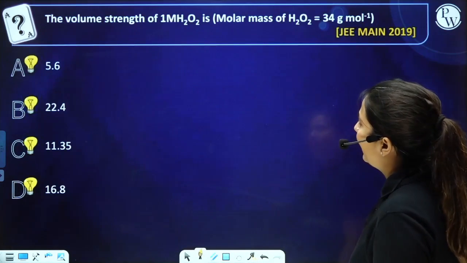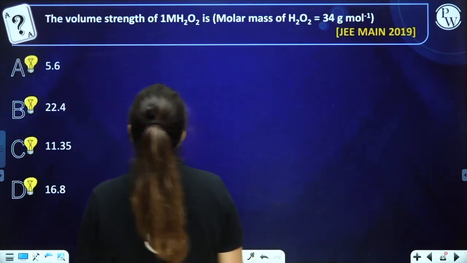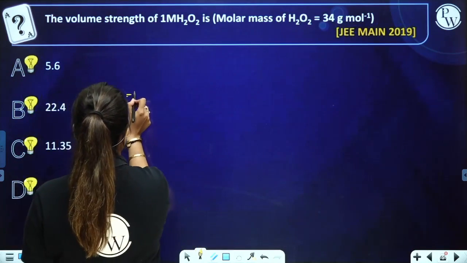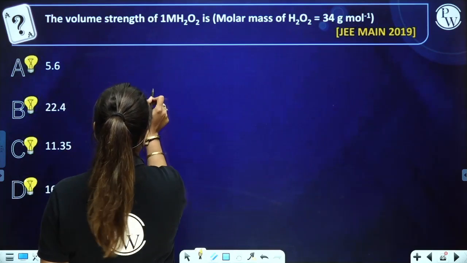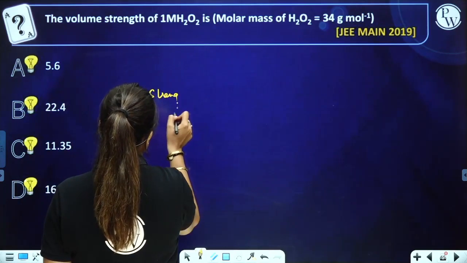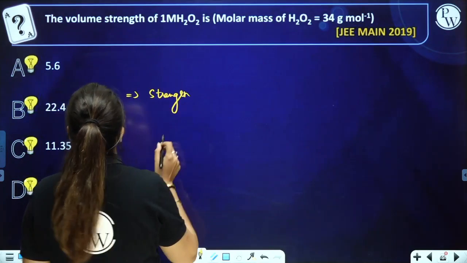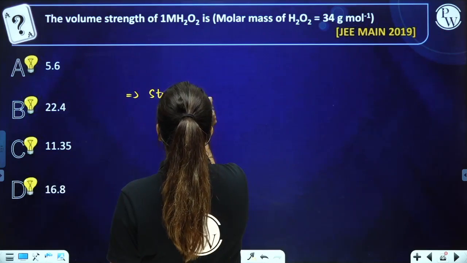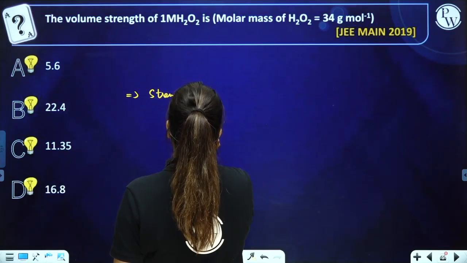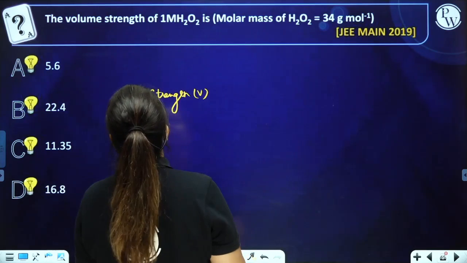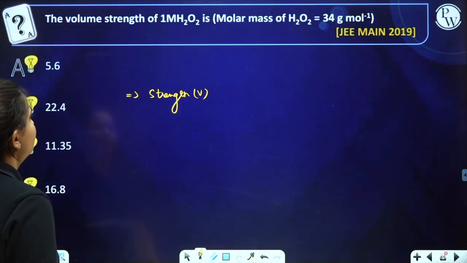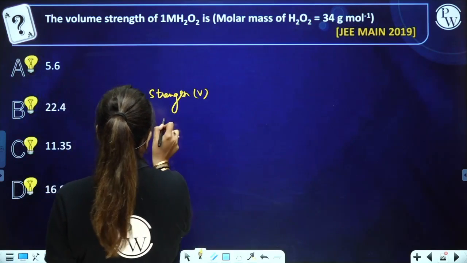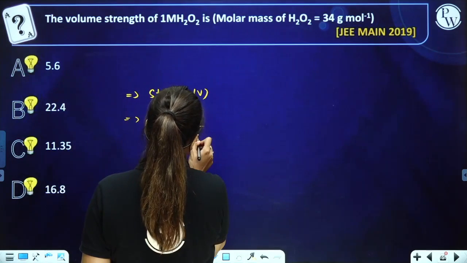Volume strength of 1 M H2O2. What do you understand by the volume strength? See, you want to calculate the volume strength of a 1 M solution. We have a formula: molarity is equal to V by 11.2.